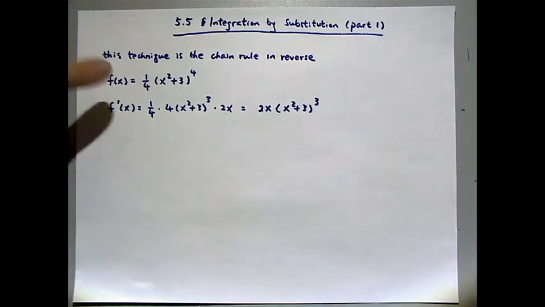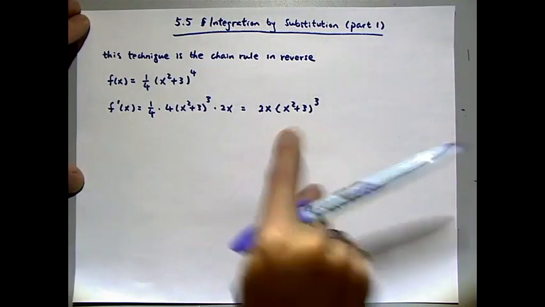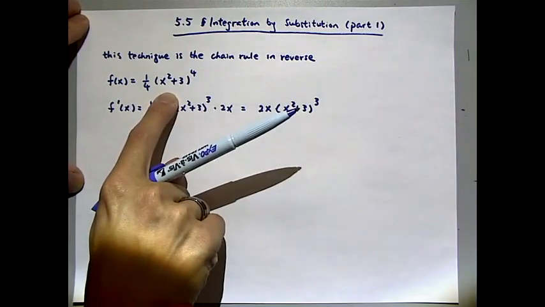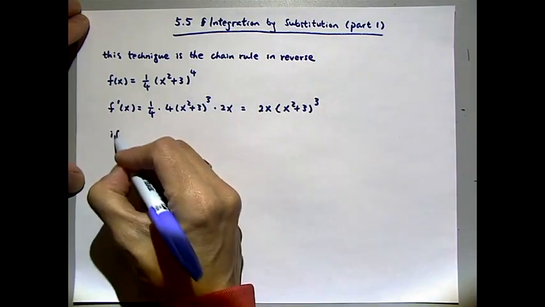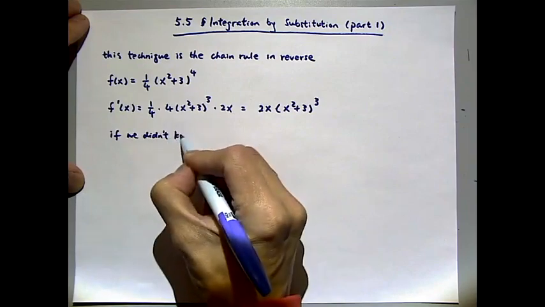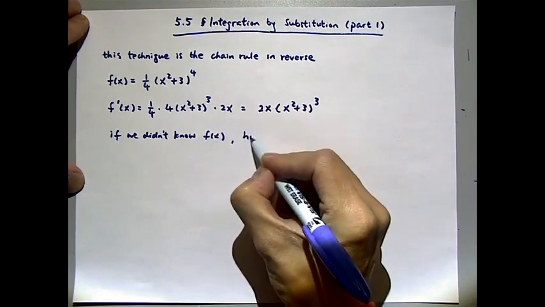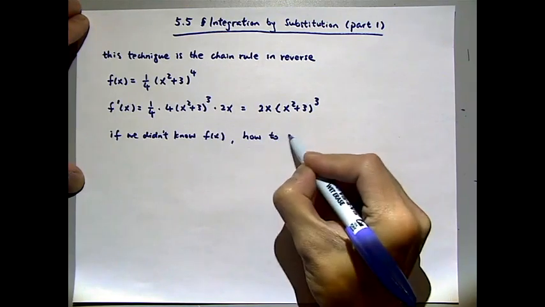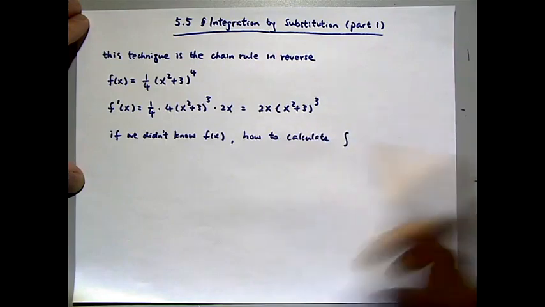Now, if you didn't know where this thing came from, and you're given this thing and asked to integrate it, you need to get back to here, but how would you do that? So if we didn't know f of x, how would we calculate this?